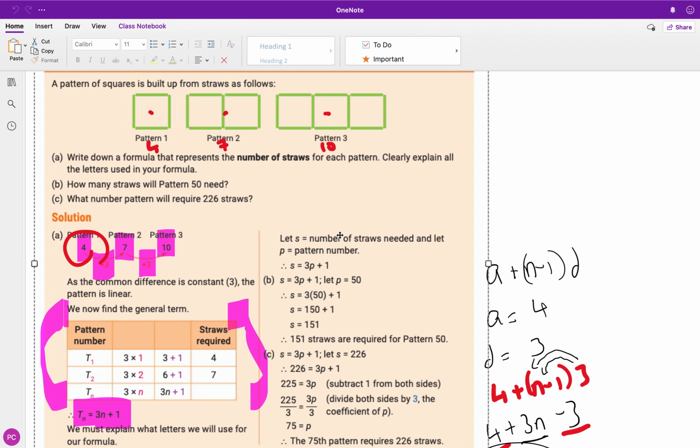How many straws will pattern 50 need? Okay, for part B, if we have 3n plus 1, see the way they did it there, they changed n for p for pattern, which is the same thing, so they have 3p plus 1 as opposed to 3n plus 1.